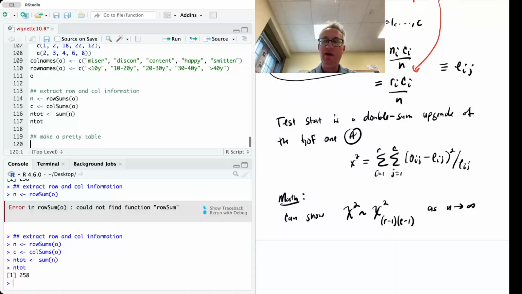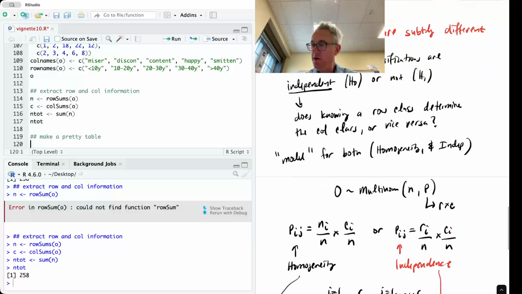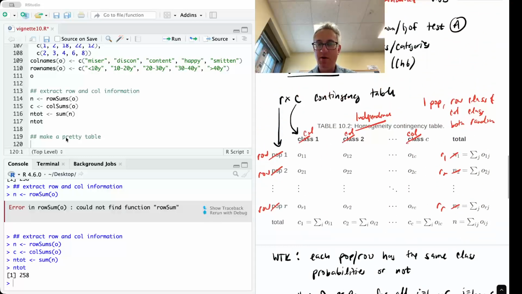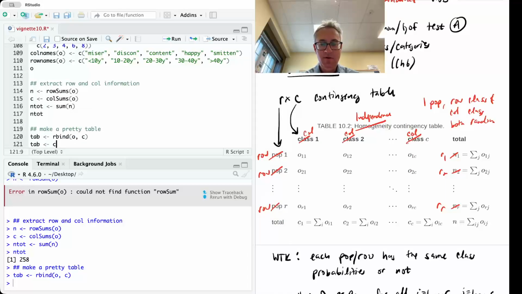I like to make a pretty table that looks like the one from the book, that looks like this one. It's not strictly necessary, but it helps me stay organized. So I'm going to put the column sums on the last row, and then I'm going to do the row sums on the last column, but I'm going to combine with that the total.